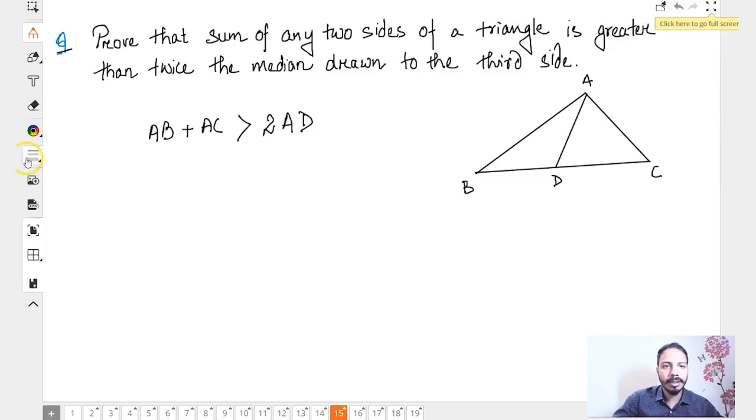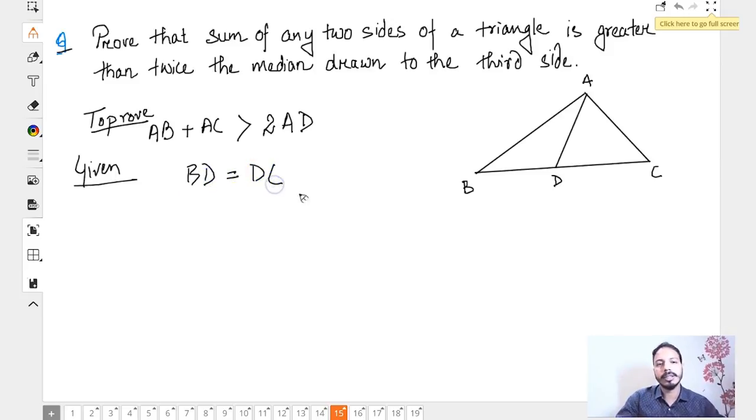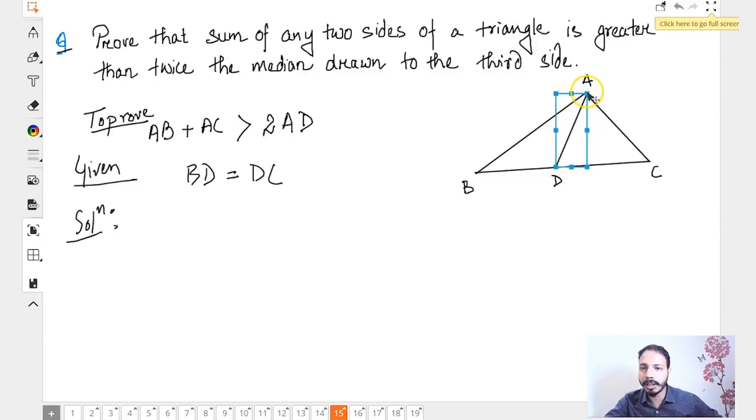Now what is given here? Given is that this is the median, that means BD is equal to DC. This is given, right? Now how will you do the solution? What type of construction will you take here?